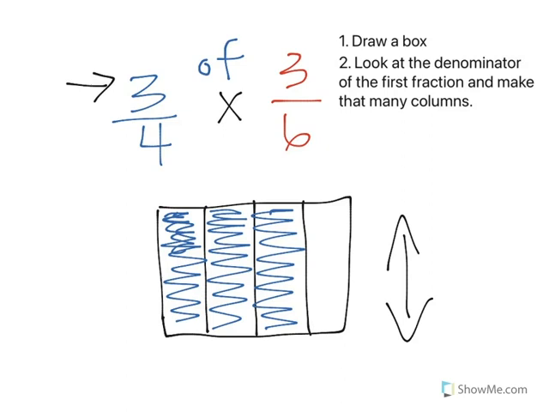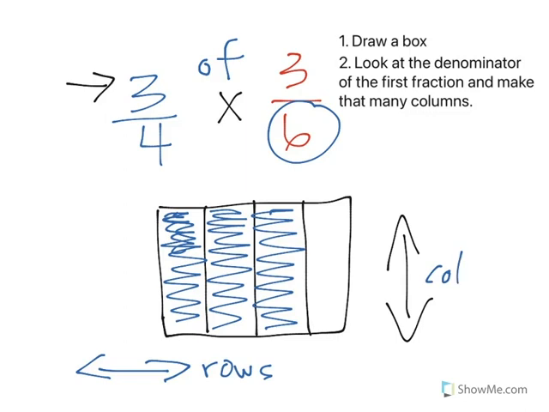So how we model that is now we're going to look at the denominator of the second fraction, and we are going to make going horizontal that many rows, and rows are horizontal. Okay, so rows are horizontal, columns are vertical.